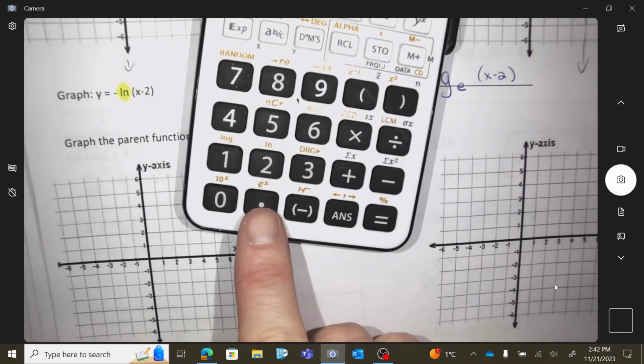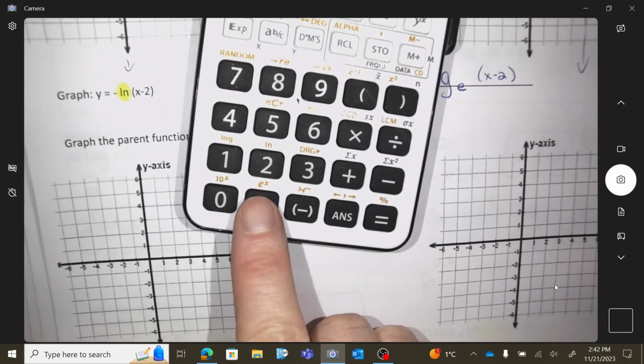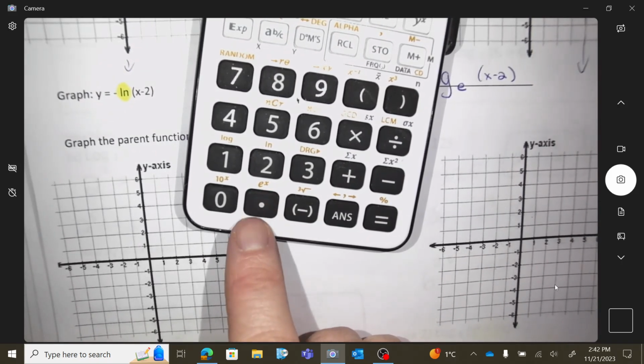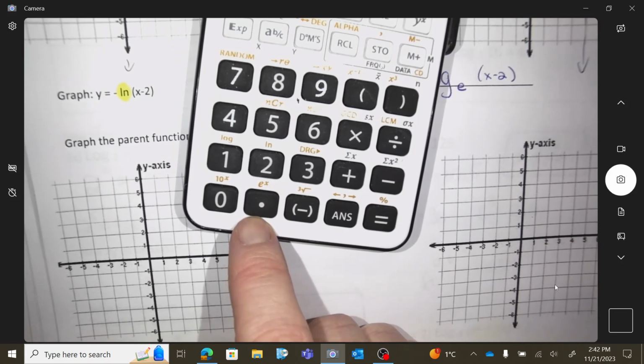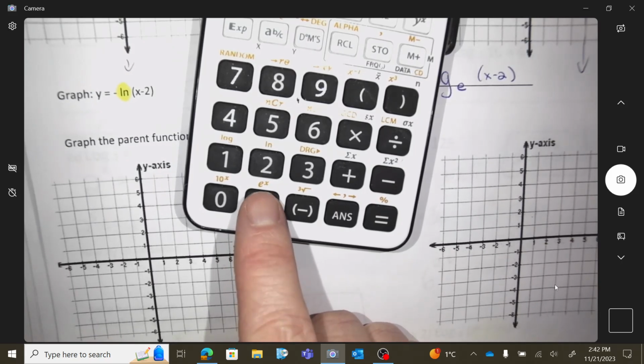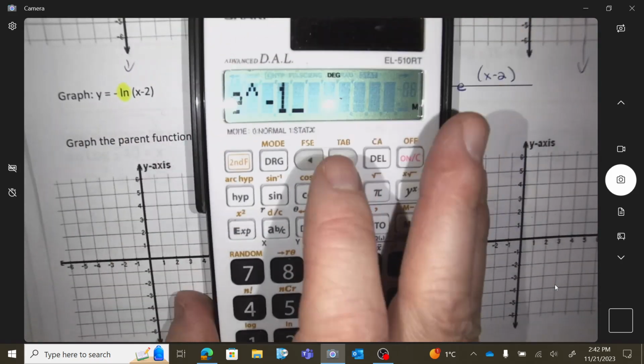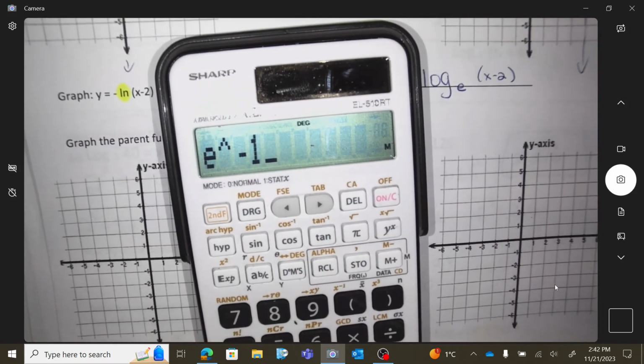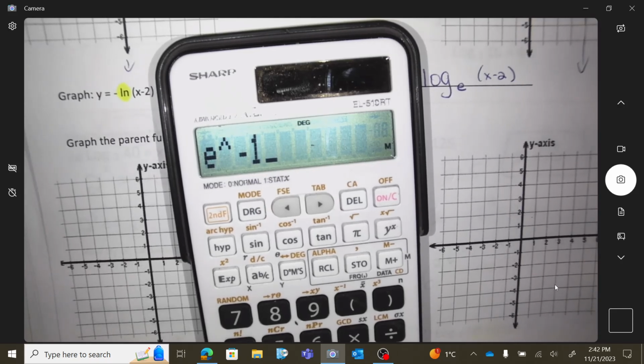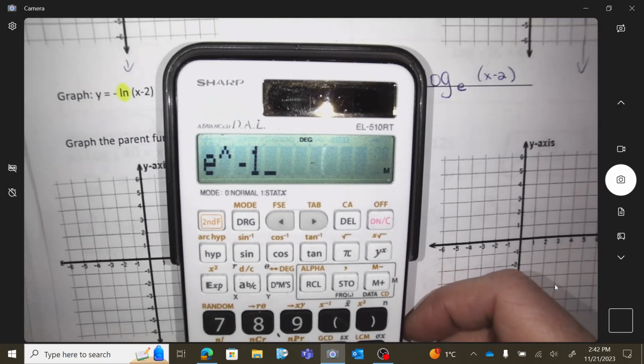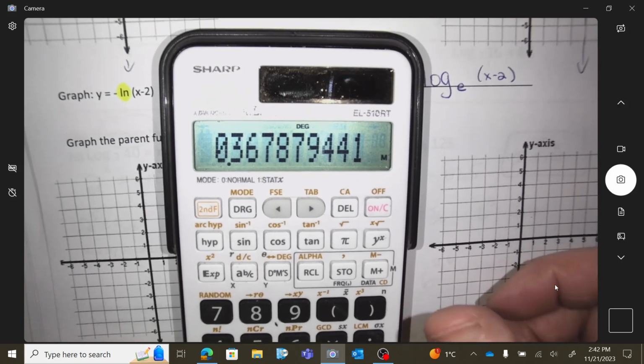It's at the very bottom. You have to push second that. E to the X. Yeah. As soon as you push it, it activates an exponent, and you have to push exponent something. Like that? It works? Good? Everyone's good?